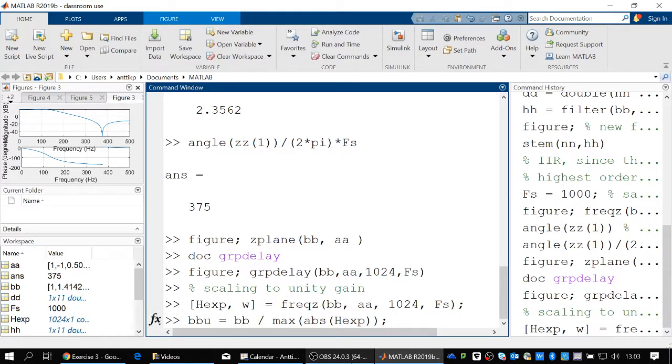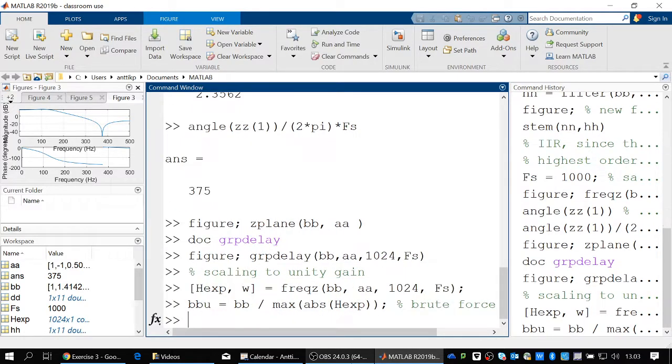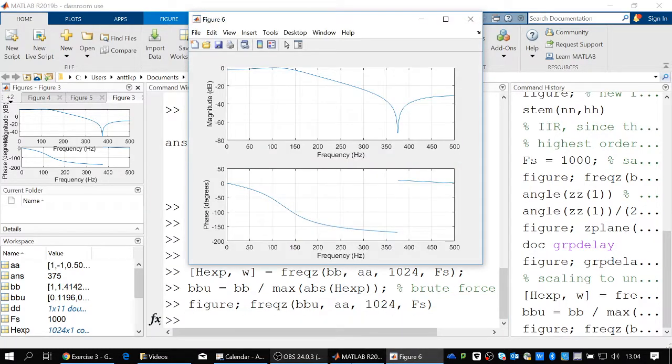So this is brute force scaling. Figure, BBU, AA. There. Unity gain on the passband. Good.